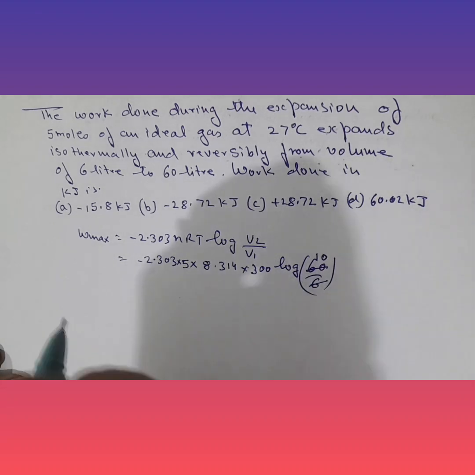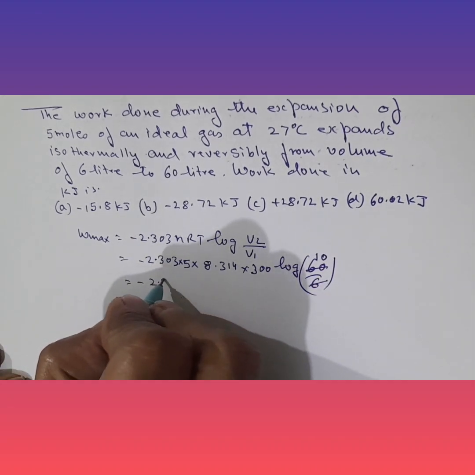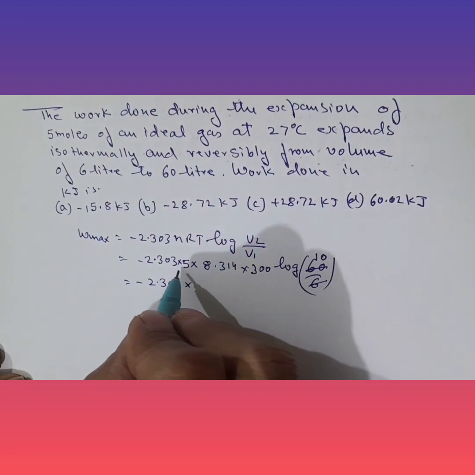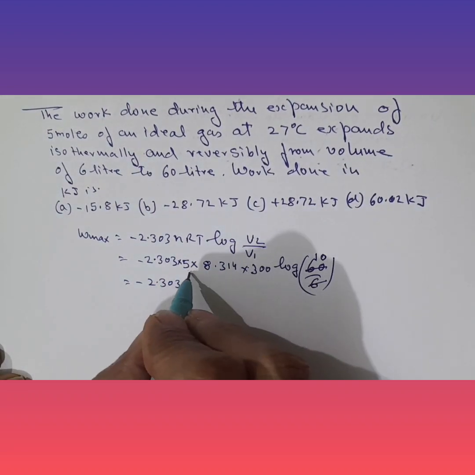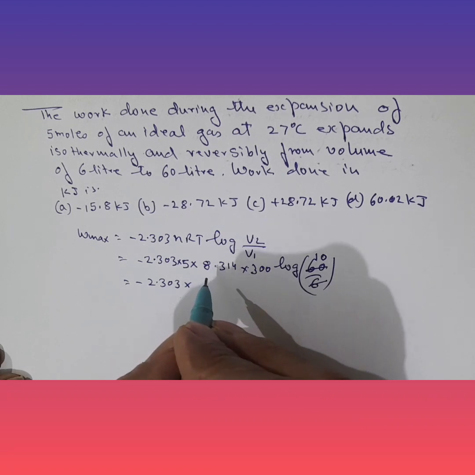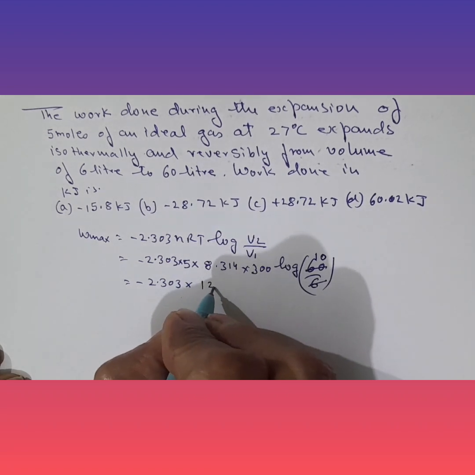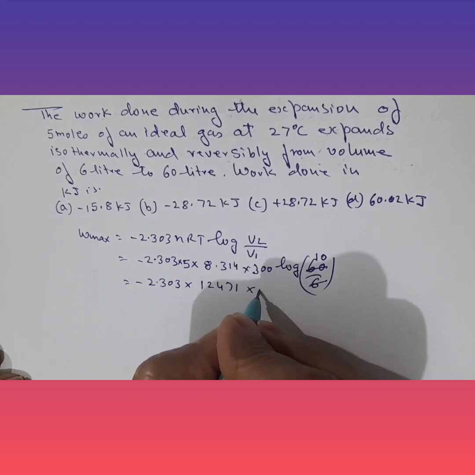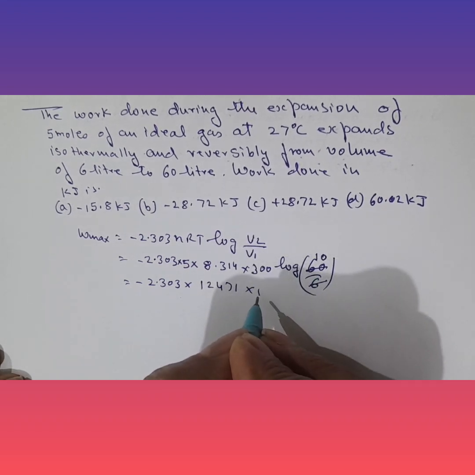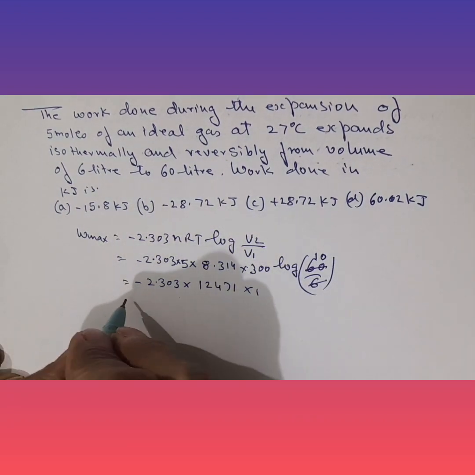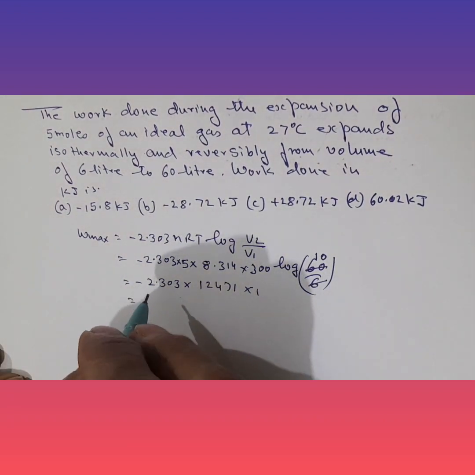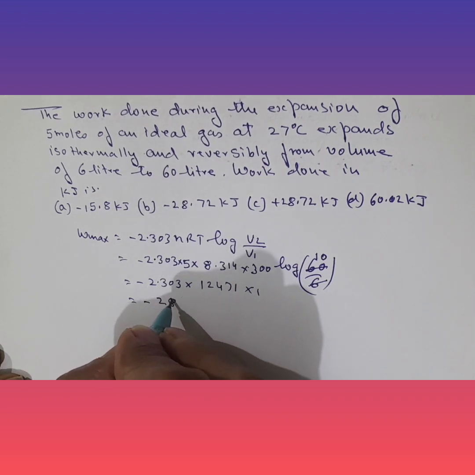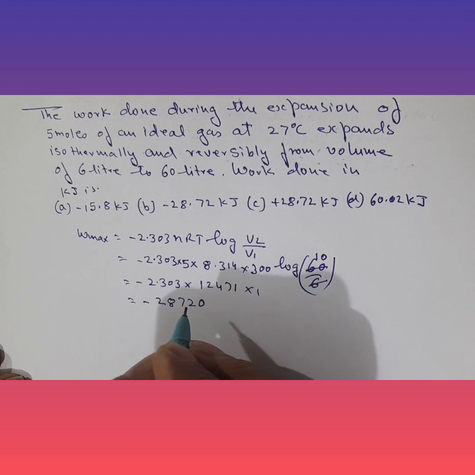So if we multiply, what we get is minus 2.303 into, if we just multiply these values, what we end up with is 12471, and into 1, since log 10 is 1. So we end up with minus 28720.